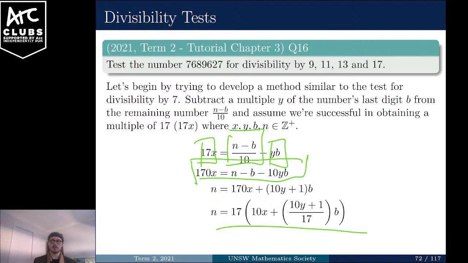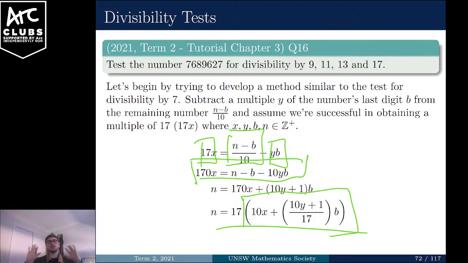So then we go, okay, n is equal to 17 times something. So the original number is divisible by 17 on one condition: if we can guarantee that this is some sort of integer, then we'll have done it, because the original number is an integer.